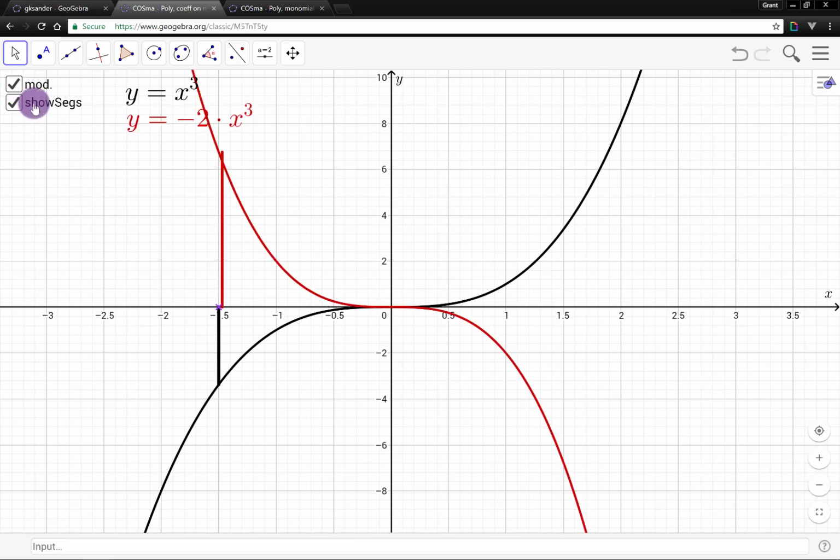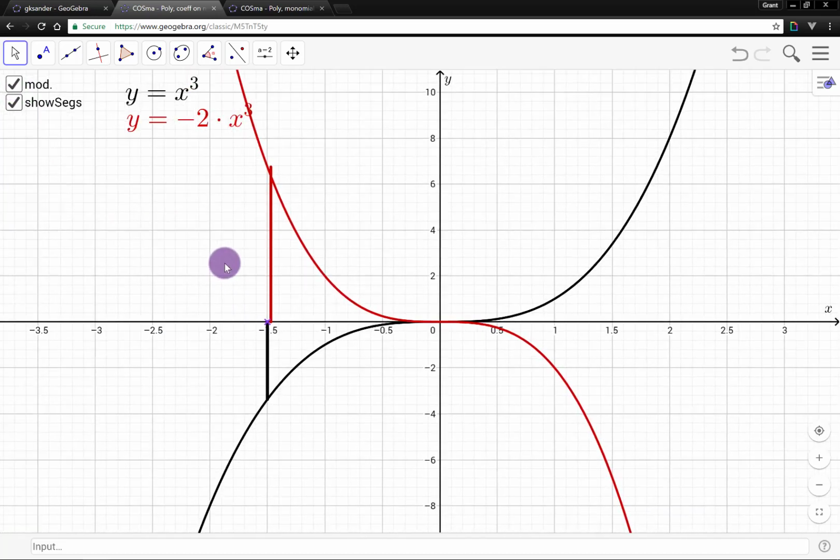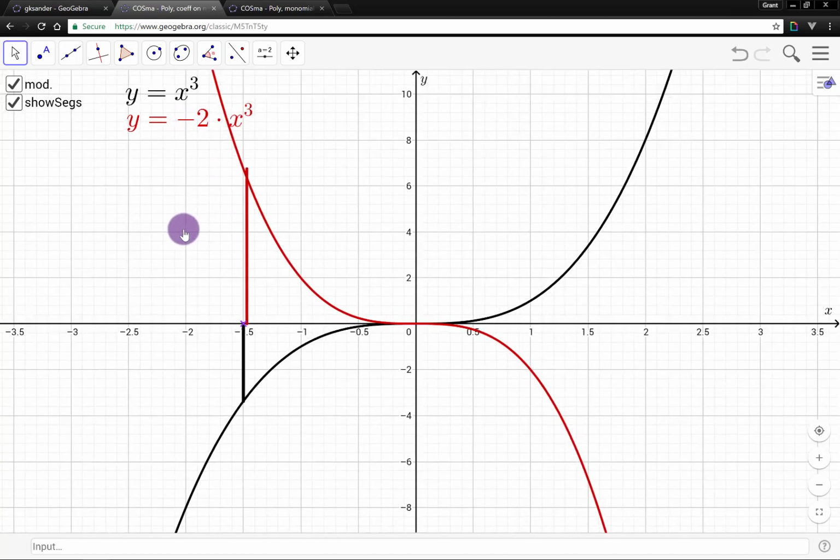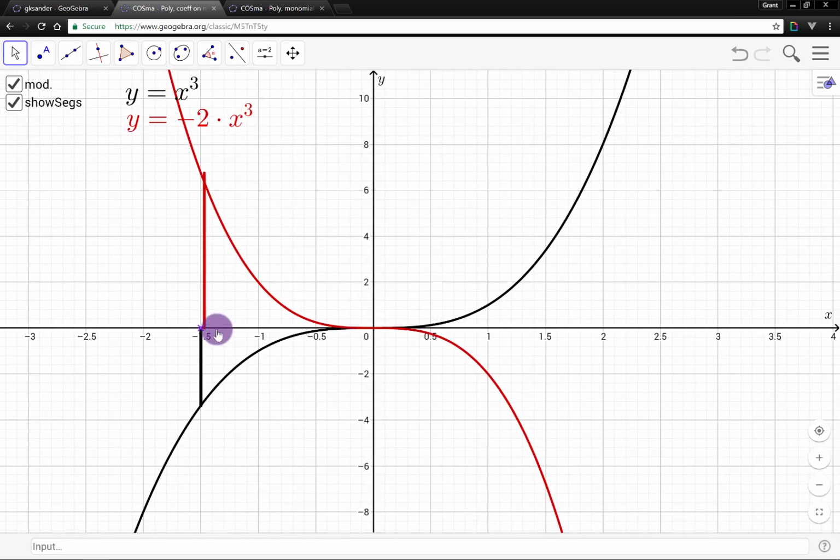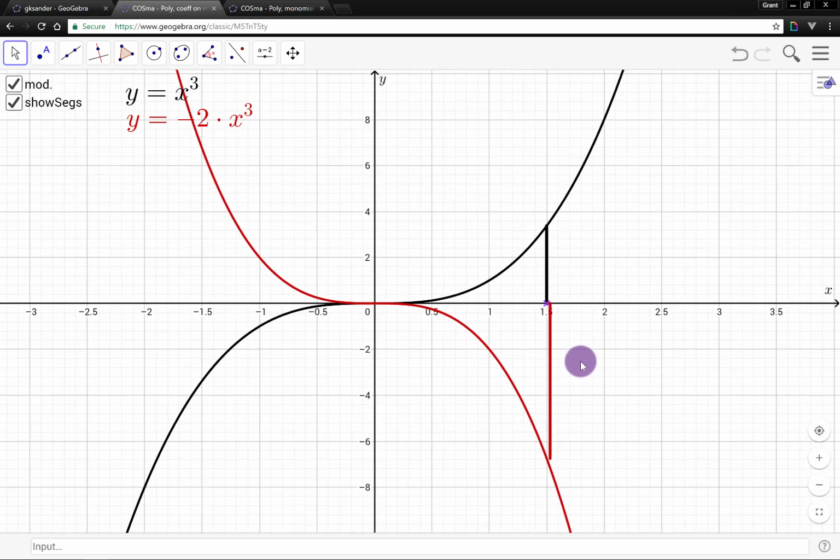Now let's also look at y equals negative 2 times x cubed. So the monomial negative 2 times x cubed. For any value of x, maybe x equals 1.5, we have x cubed is positive, and then negative 2 times x cubed should be negative 2 times as large. And so we expect to have a negative value there.